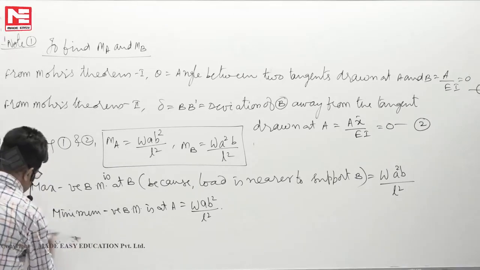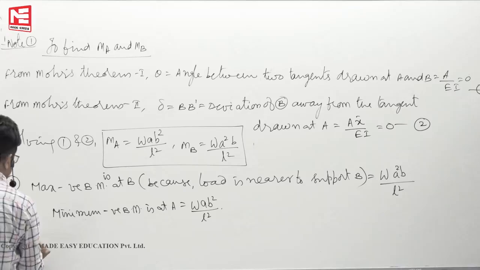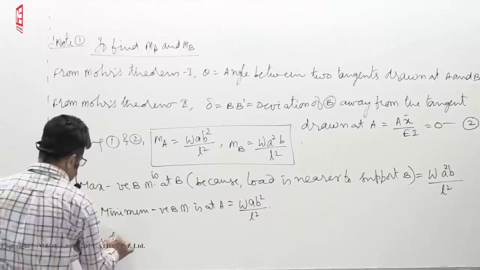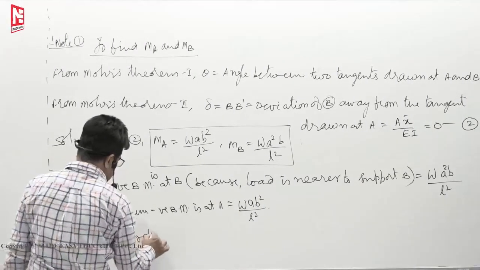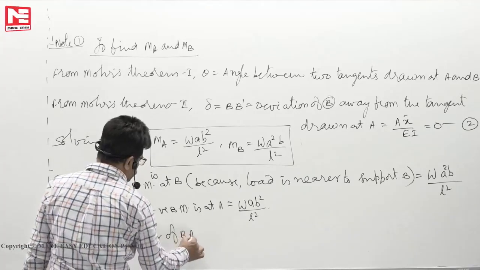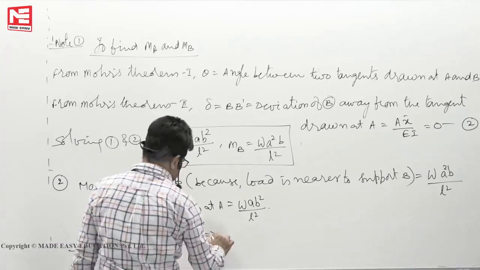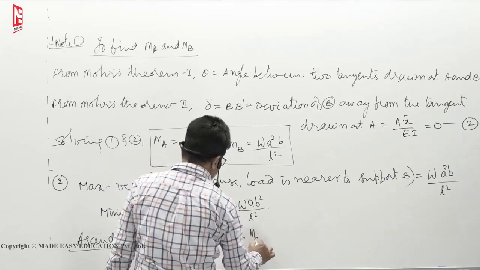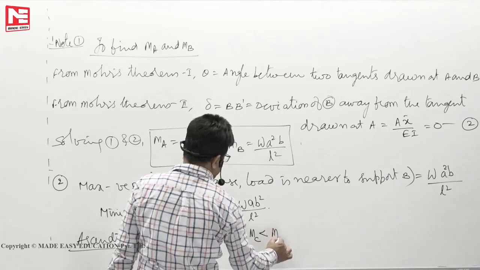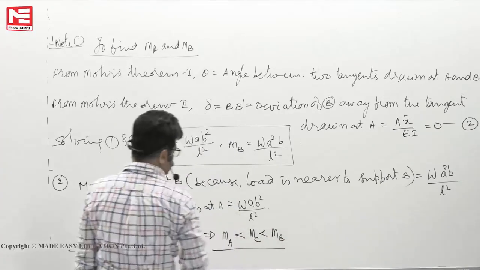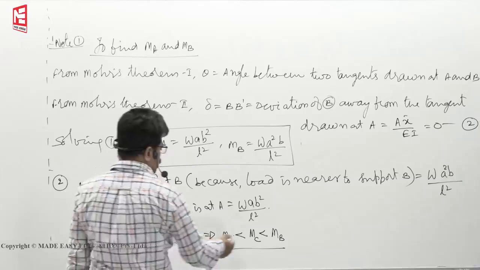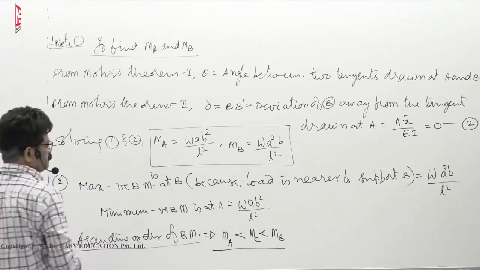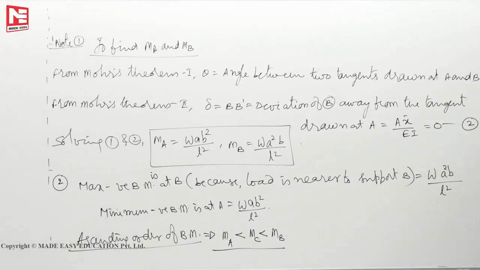We can write it in ascending order of bending moments. First is MA less than MC less than MB. Or simply you can write MA, MC, MB.